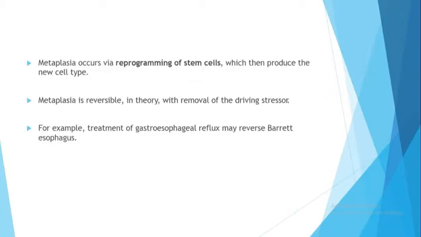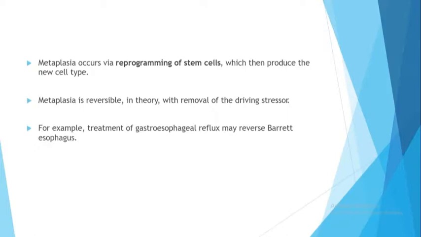So now we're going to discuss the mechanism of metaplasia, and metaplasia occurs via reprogramming of stem cells, which then produce the new cell type. So in metaplasia, it's not merely changing how the cell looks, the morphology of the cell. It's by reprogramming of the stem cells to produce the new cell type that we need to combat this stress.